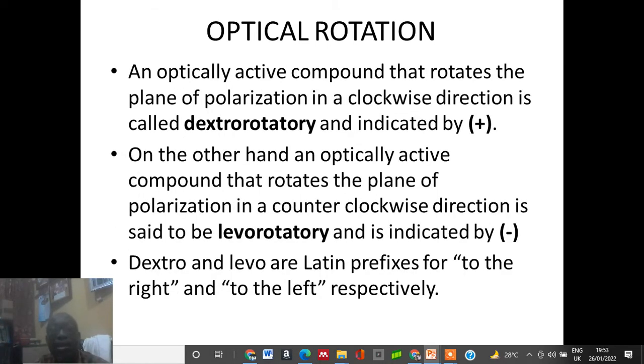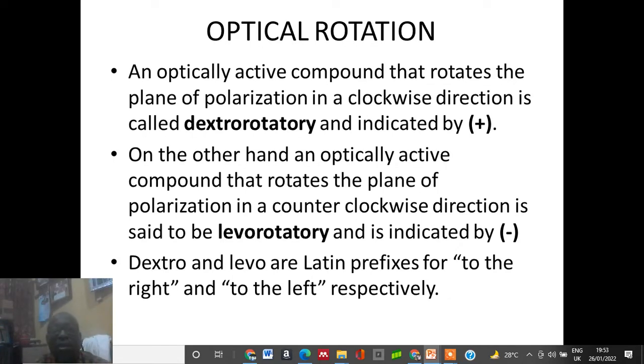An optically active compound that rotates the plane of polarization in a clockwise direction is called dextrorotatory, and it is indicated by a plus sign. In other words, the symbol for dextrorotatory is a positive sign.